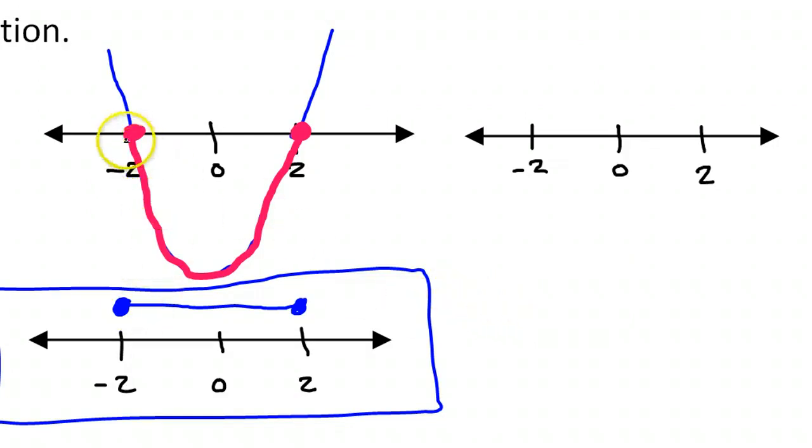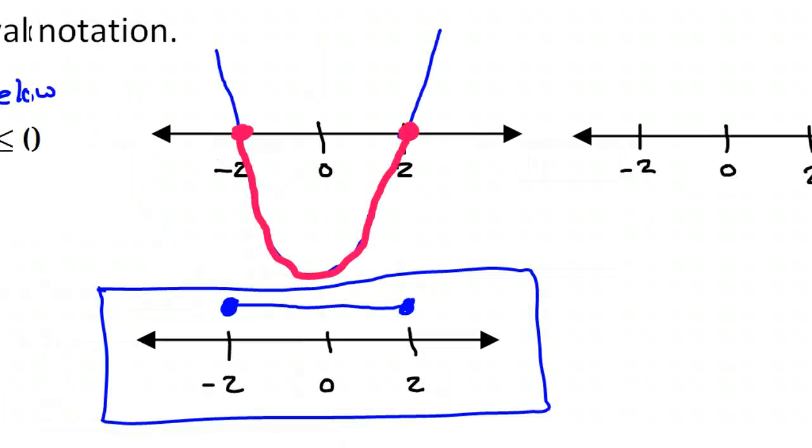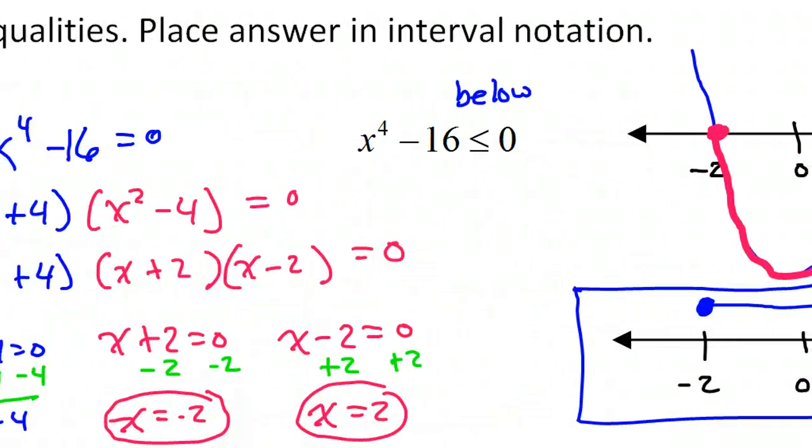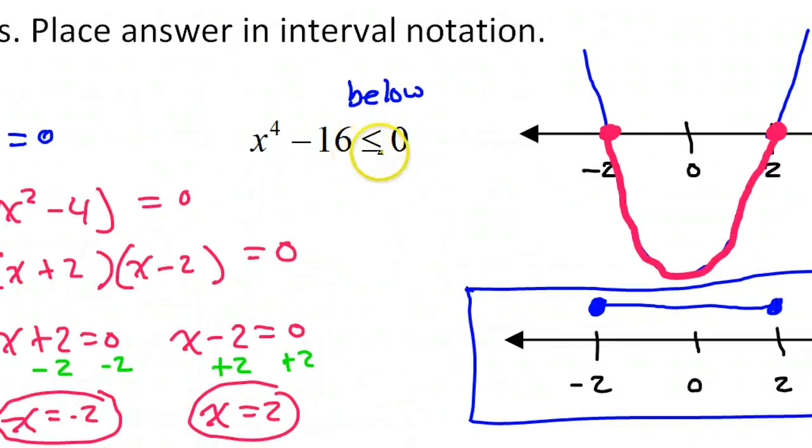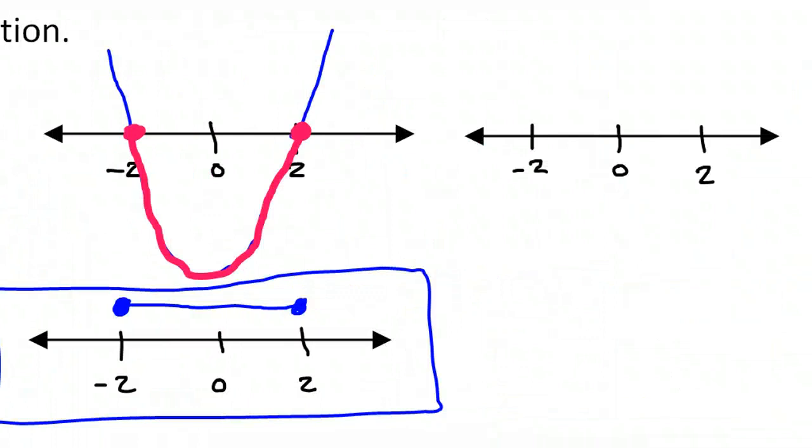So we had these zeros at -2 and +2 as we discovered. And this is less than or equal to 0, so we will draw these as closed circles, because that's the equal to 0 part, and we will include those in the solution.